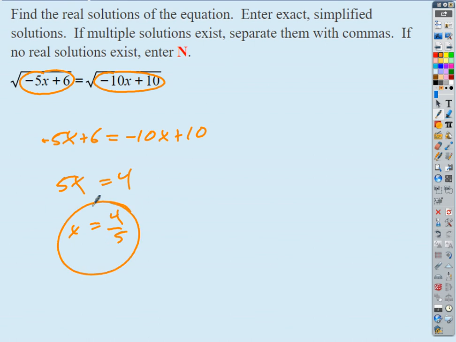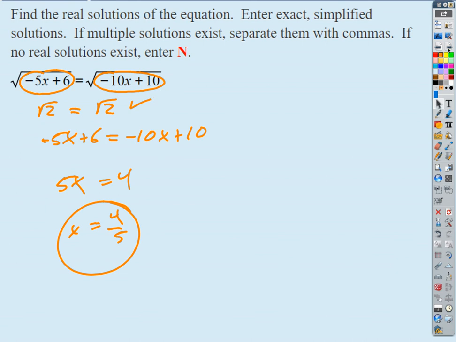I've got to check it. If I plug that back up here, negative 5 times 4/5 is negative 4. Negative 4 plus 6 is positive 2, so that would give me square root of 2 equals, how about over here? 4/5 times negative 10 is negative 8, plus 10. So it works. That's a solution.